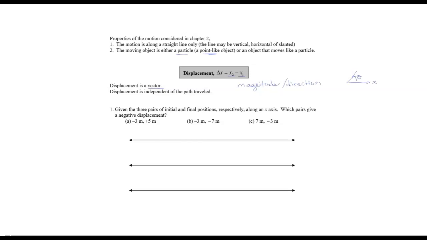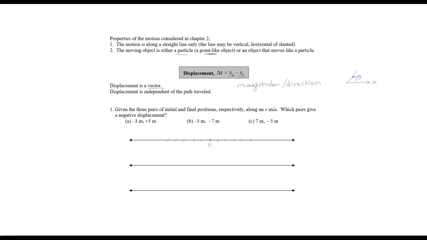So here we have some coordinates, and we want to know which ones give us a negative displacement. So we're going to create our axis system. So here I've got 0, 1, 2, 3, 4, 5, and -1, -2, -3, -4, -5.